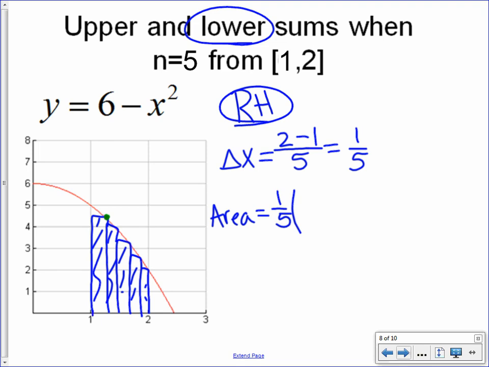So this is when x is 1 plus a fifth, plus a fifth, plus a fifth, plus a fifth, 2. And so if we're taking right hand endpoints, then the right of the interval is what we're using for our height. See what I mean?